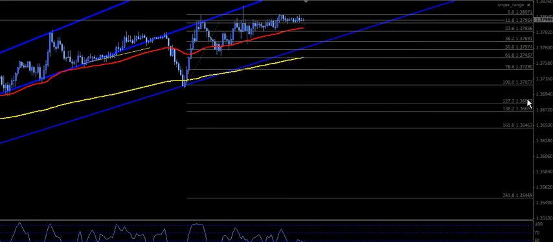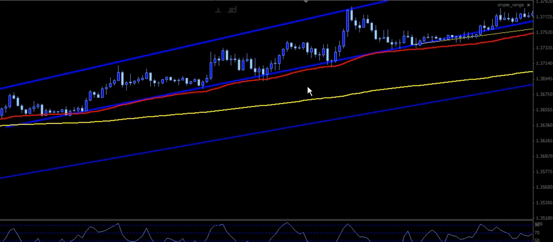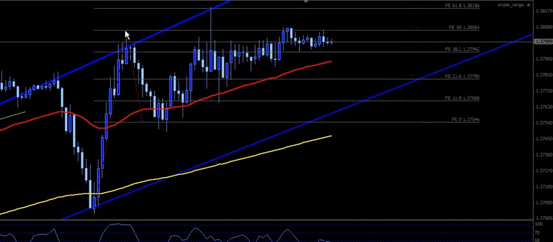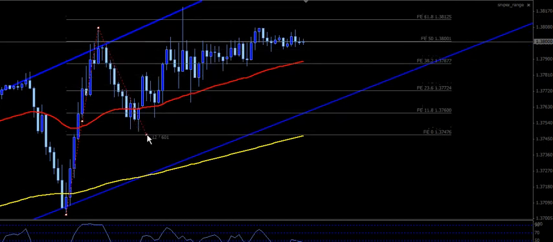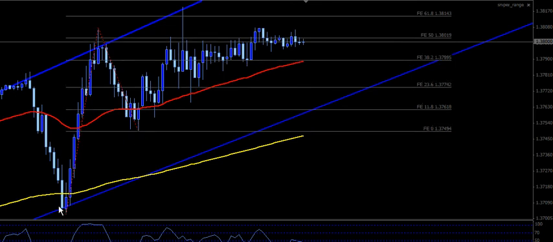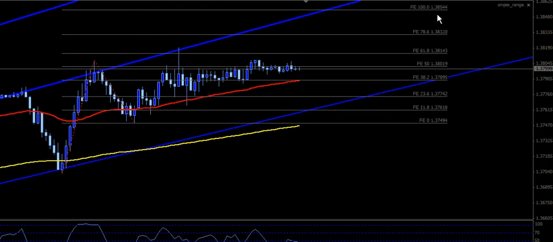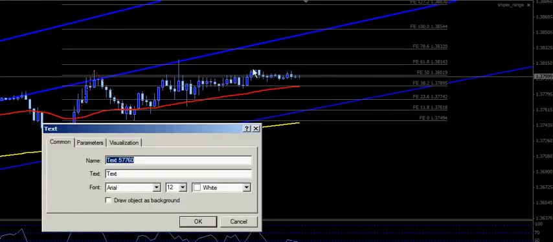Okay, so let's find the target on this ABC to the upside 15-minute chart. I'm going to use the Fibonacci expansion tool. A, B, C. So here's our A, here's our B, here's our C, and D comes in at 38.54. So let's go ahead and put D here.